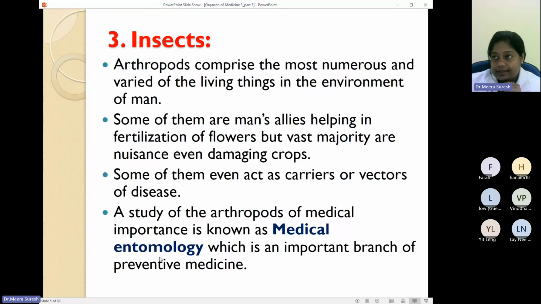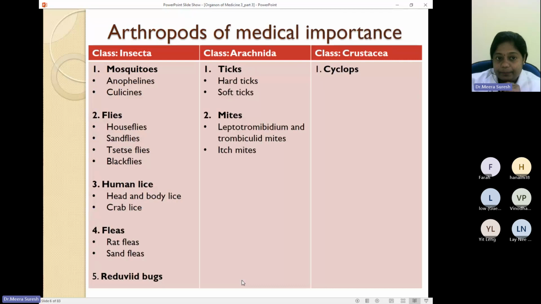Entomology is the study of insects, and when we study not all the insects in the world but only those which are medically important, that can cause diseases in human beings, that branch is called medical entomology. So this topic, the insects, insecticides, and the ways to control insects, comes under the branch of medical entomology. It is an important branch in preventive medicine.